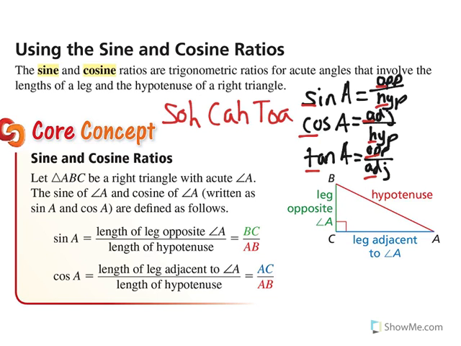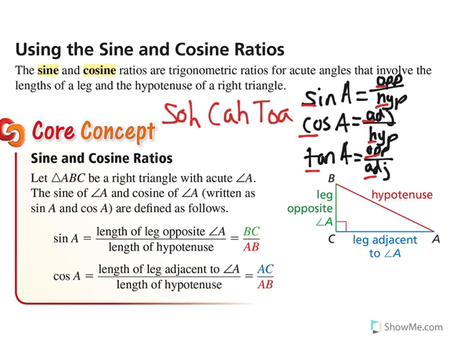If you look up other ways, there are several different ways to remember it. I know one of my teachers always did "some old hippie caught another hippie tripping over algebra." Again, it's just using all those letters, but whatever way helps you remember is fine. That way you can distinguish the difference: sine is opposite over hypotenuse, cosine is adjacent over hypotenuse, tangent is opposite over adjacent.